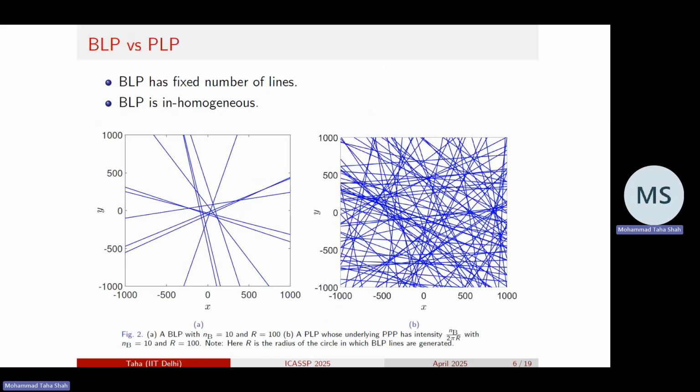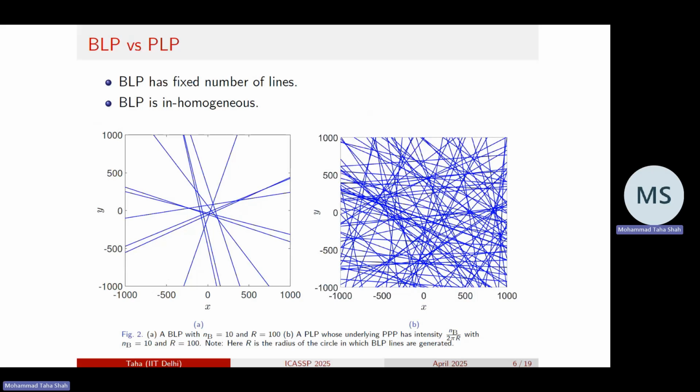Now, to better understand the binomial line process, let's compare it with the classical Poisson line process. Firstly, the binomial line process has fixed number of lines, while in case of Poisson line process, the number of lines are Poisson distributed. Importantly, a key distinguishing feature of binomial line process is its inhomogeneity.